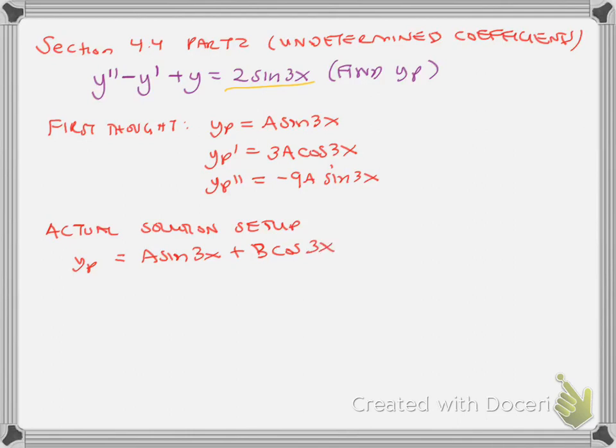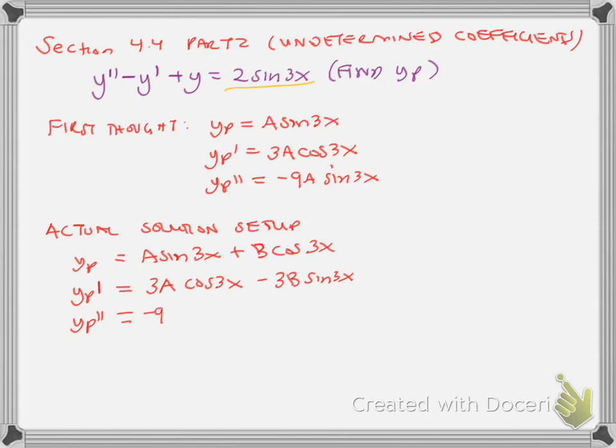And so once you do that, we look at y p prime, which you should get 3a cosine 3x minus 3b sine 3x. And just for review to make sure you all are good with the derivatives, you should maybe pause the video and see if you can do it on your own and come back and play.